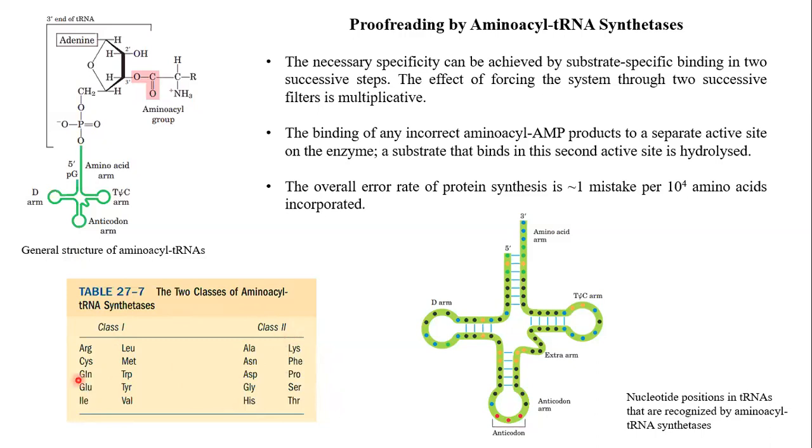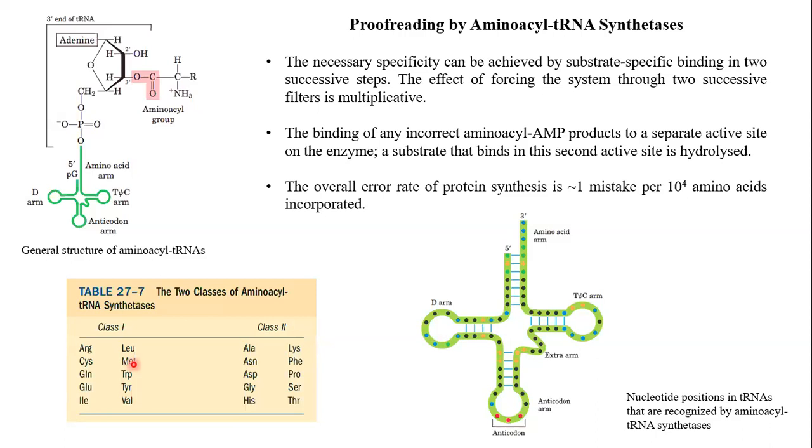And here, if you notice, you remember the classes of amino acids: there are acidic amino acids, basic amino acids, polar neutral, and non-polar neutral. So in each class, they have differentiated or segregated the group accordingly. If there are two acidic amino acids, one acidic amino acid gets amino acylated by one enzyme, that is class 1, and the other by class 2.